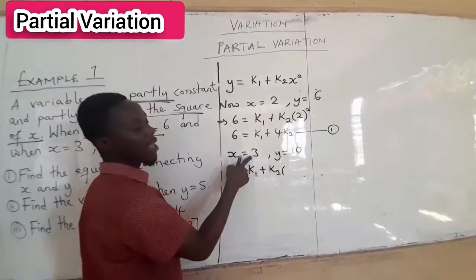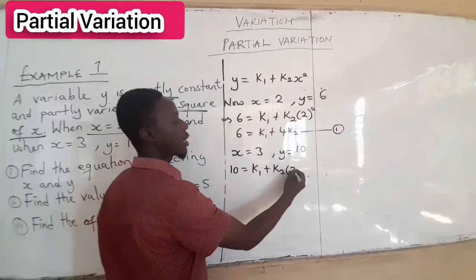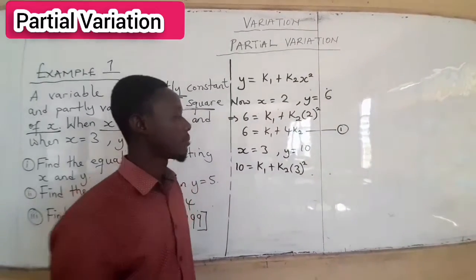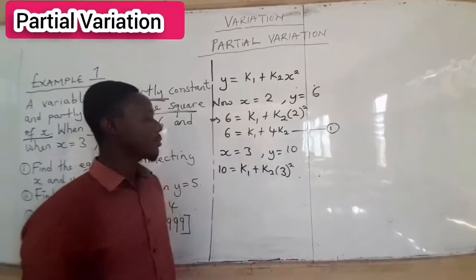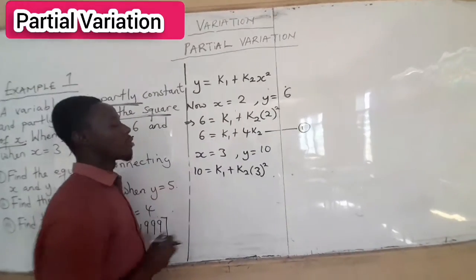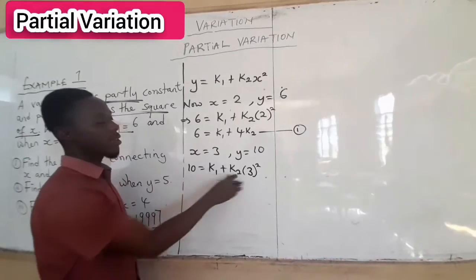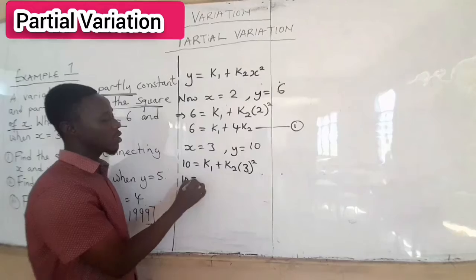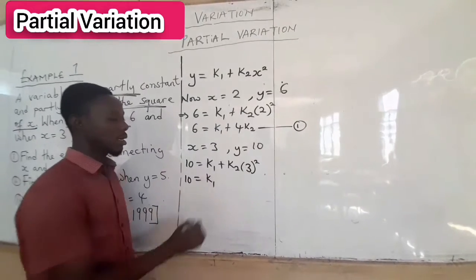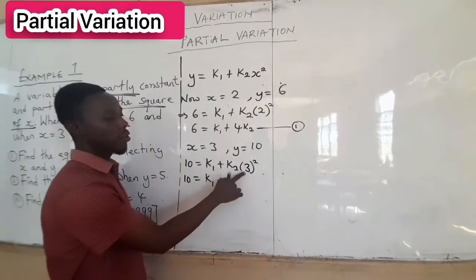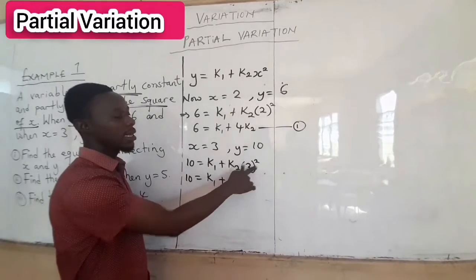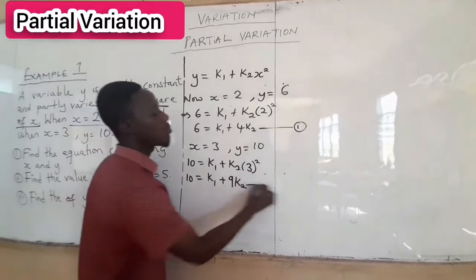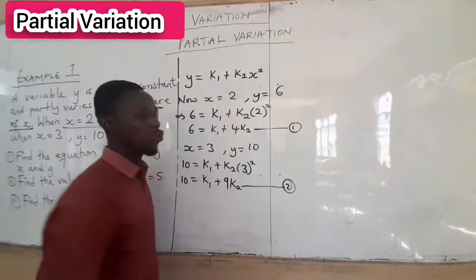Then this time around our x is 3, so 3 squared. We have to simplify this. We have 10 equal to k1 plus 3 squared, 9, 9 times k2, we have 9k2. This will be my equation 2.